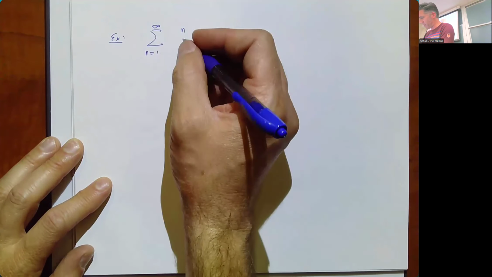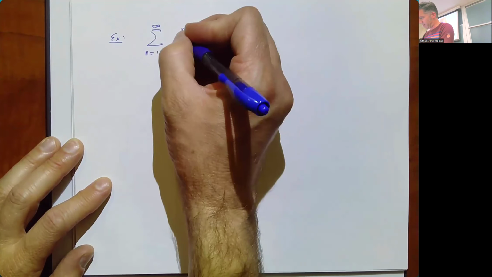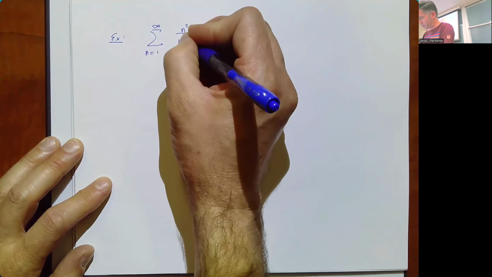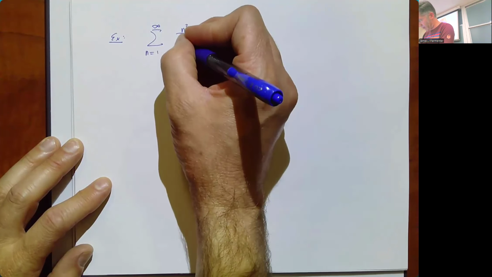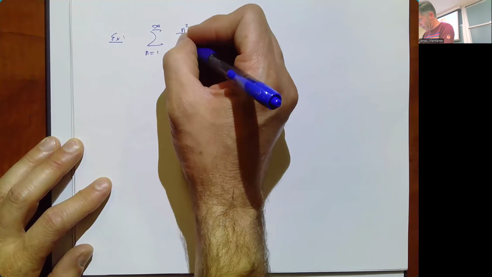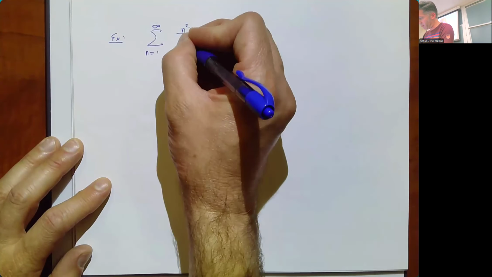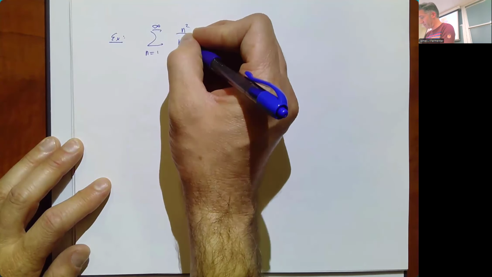Sorry about that. n squared over n... Sorry, my brain is just not wanting to do it the right way. n to the p. What am I thinking? Sorry, I was trying to make something up that seemed reasonable to me, and my brain was just like, nope, that's not going to work.